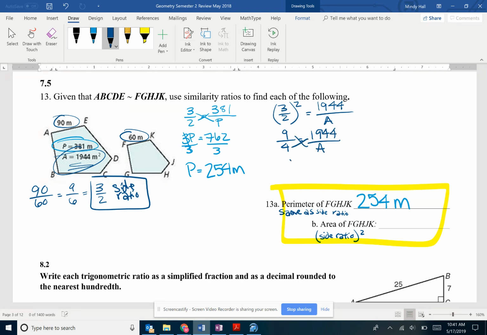And then we cross multiply. So we'd have 9a equals 7,776. And then when we divide by 9, we get that a is 864. So this would be 864 meters squared.